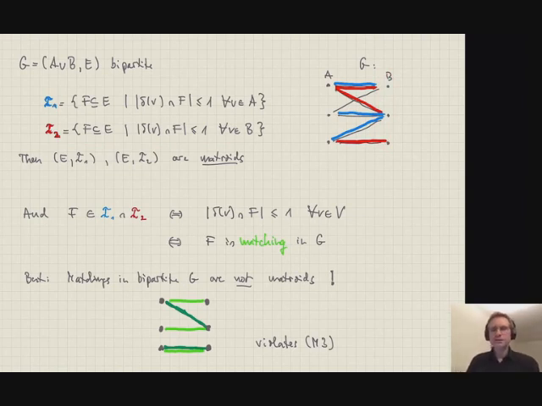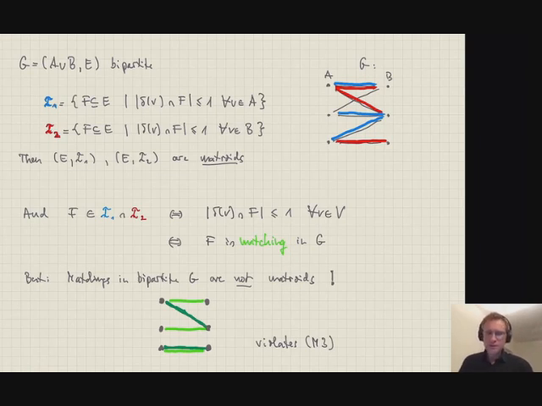We had an exercise on the first set of exercises where you showed that A-sided matchings, and by symmetry also B-sided matchings, are actually matroids. Okay, so these subsets of edges define matroids.